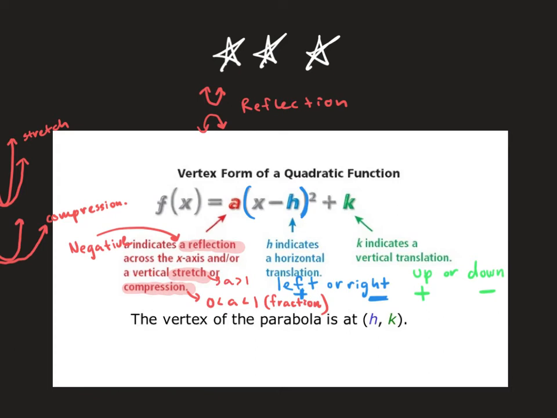And again, your vertex is h comma k. Any other questions on this? If it's minus, it tells us we move to the right. So everybody sees that we have a minus, so we're moving to the right.